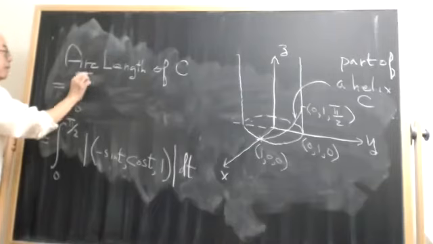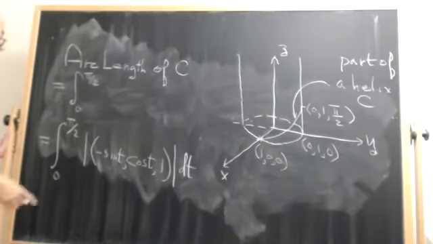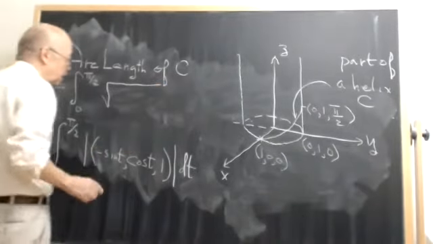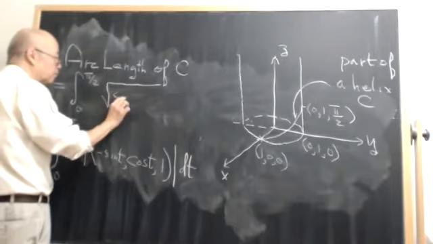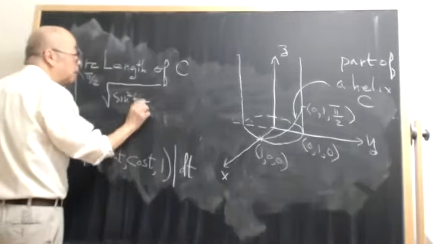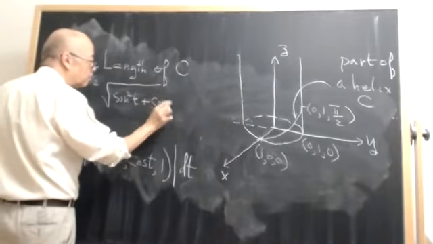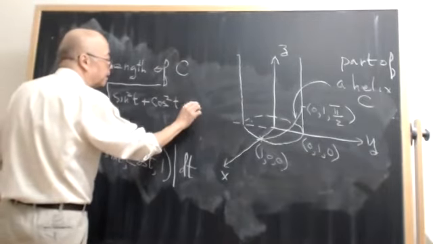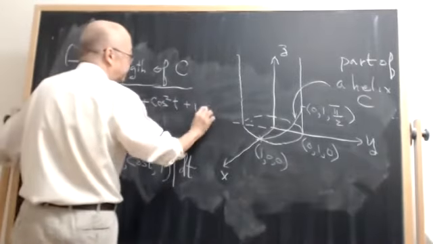So we have the integral from 0 to pi by 2, and then I have the square root of sine squared t plus cosine squared t plus 1, dt.